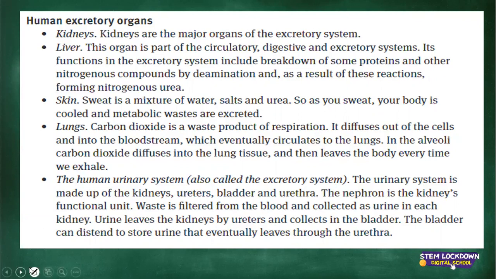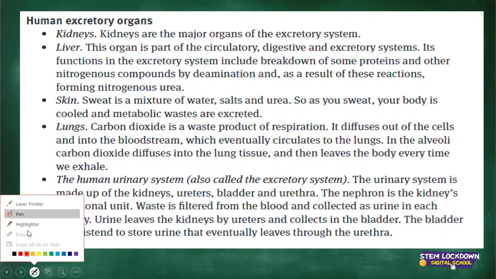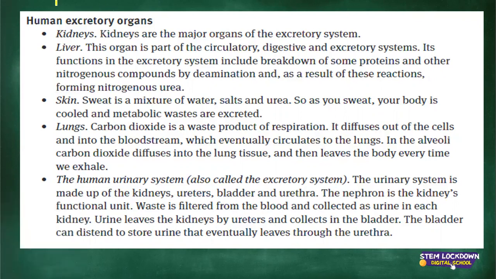For now, we do these organs. Let's highlight and just get an overview of what these organs do. Kidneys are the major organs of the excretory system. They play a huge role in the excretory system. And then we've got what as well?